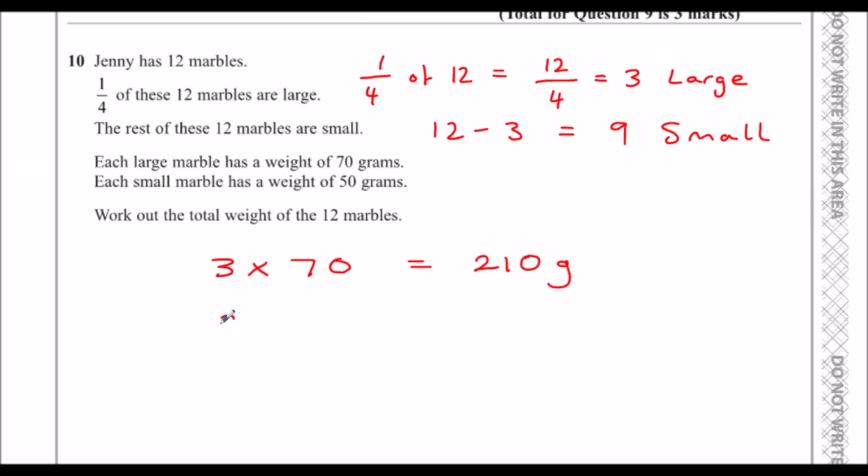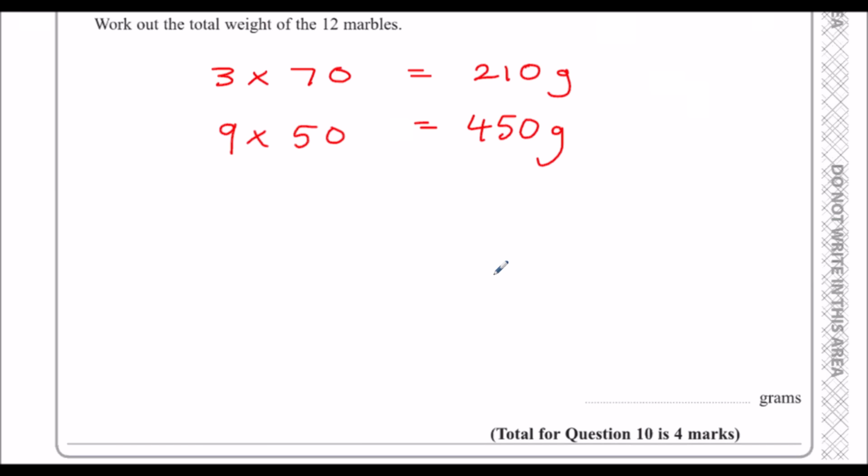We've got 9 of them. 9 times 50. 9 times 5 is 45. Times it by 10. Add on the 0. 450. So the total weight is 210 plus 450, which is 0 in the ones, 6 in the tens, 6 in the hundreds. 660 grams.